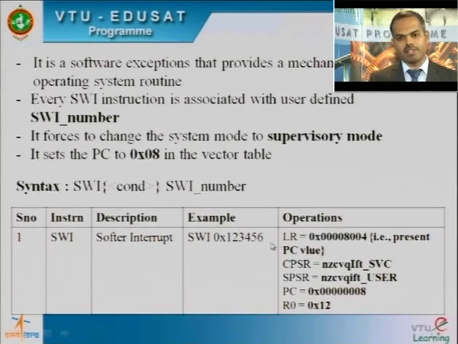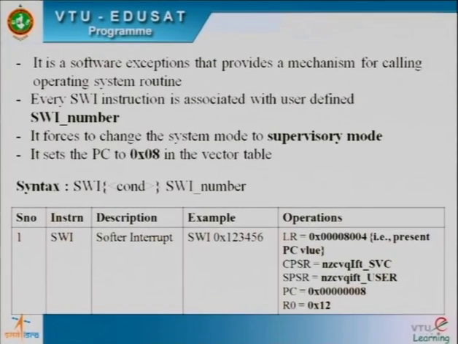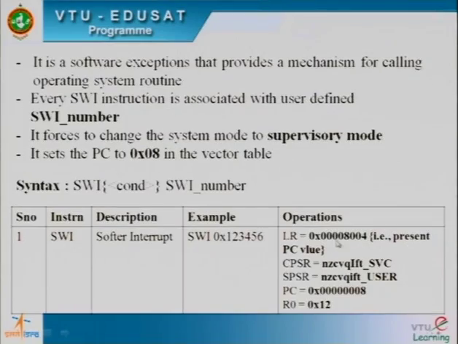First thing that happens is the current executing instruction address, or current PC value, gets copied to the LR register, that is the link register. So LR equals 0x00008004. This is a very particular example.